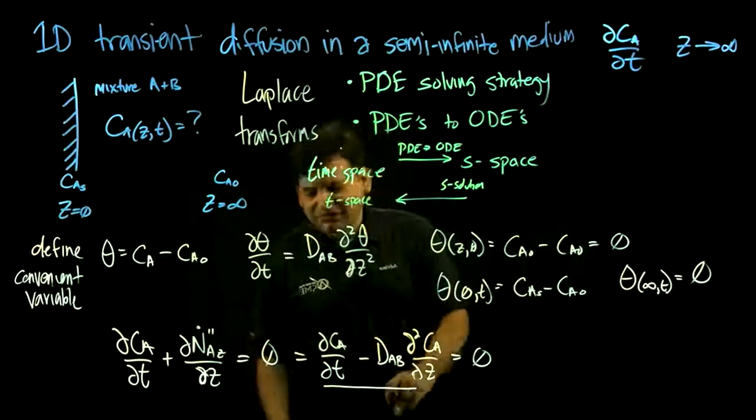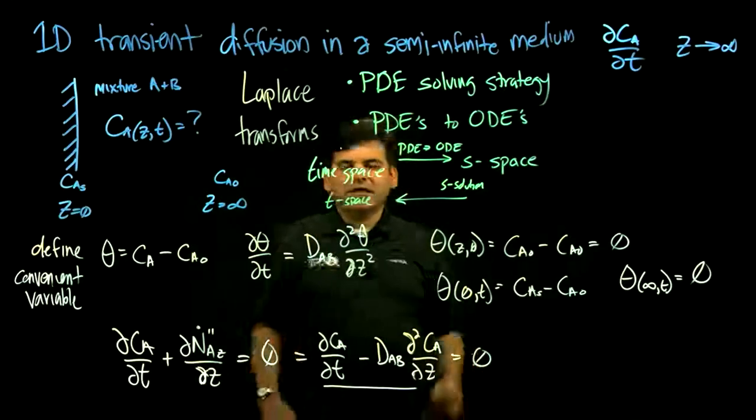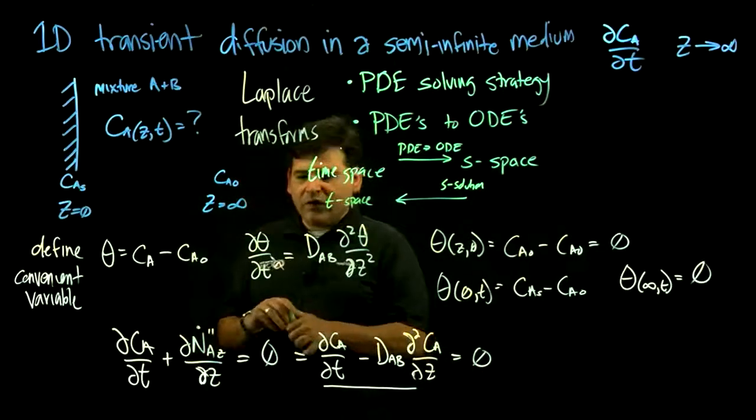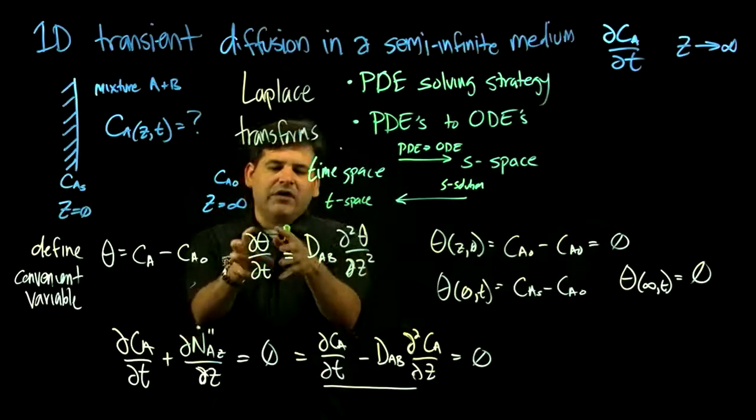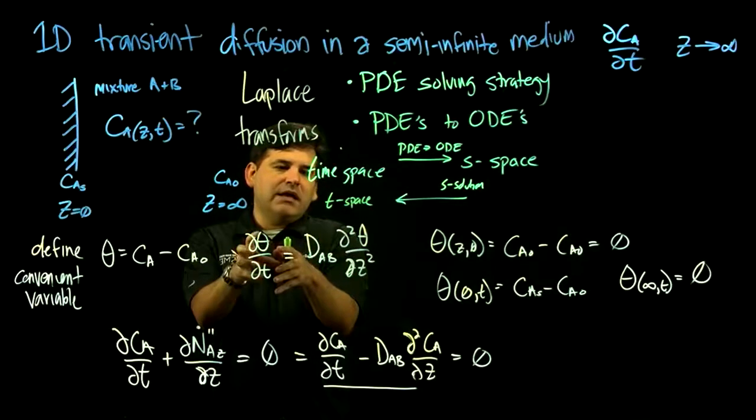So it's time space and Z space in this case. We have both the variables time and Z. What I mean by time space is that your variable is time, and your solution depends on time.